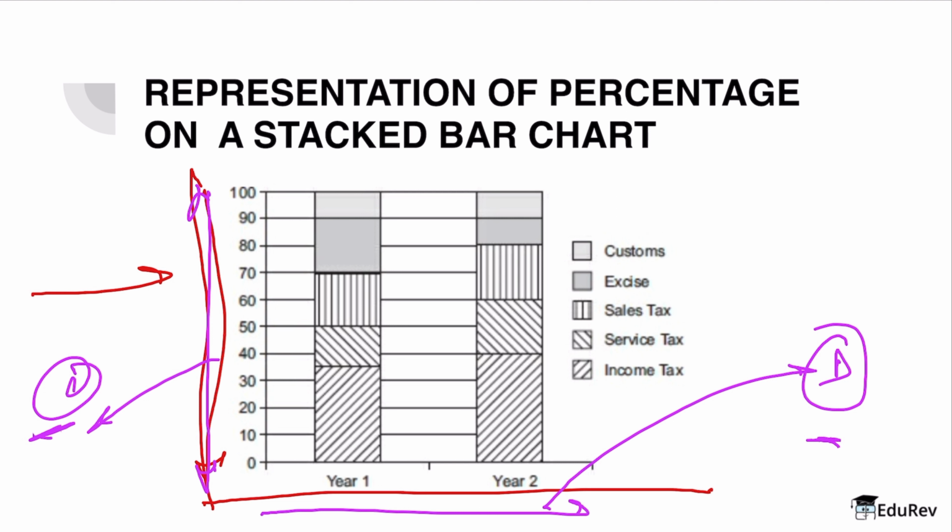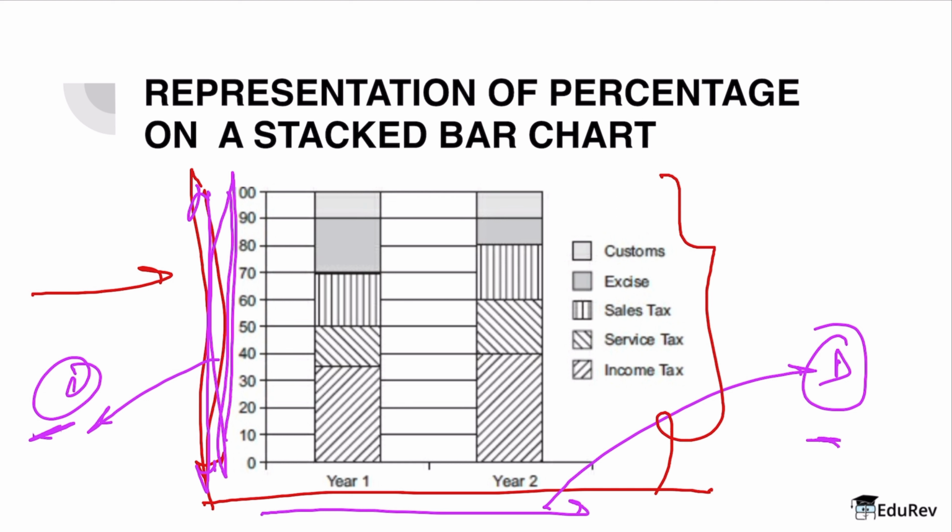Do not feel confused. Sometimes a stacked bar can also be used to represent the breakup of some continuous variables. So this is a continuous variable here, the y-axis. I need to show the breakup of these continuous variables, and the stacked bar chart is basically used for that purpose, and it's shown.